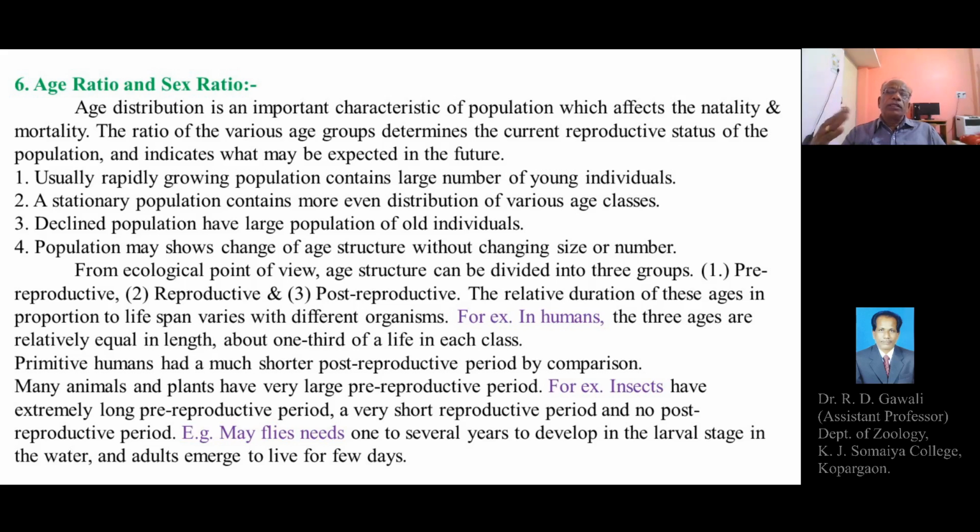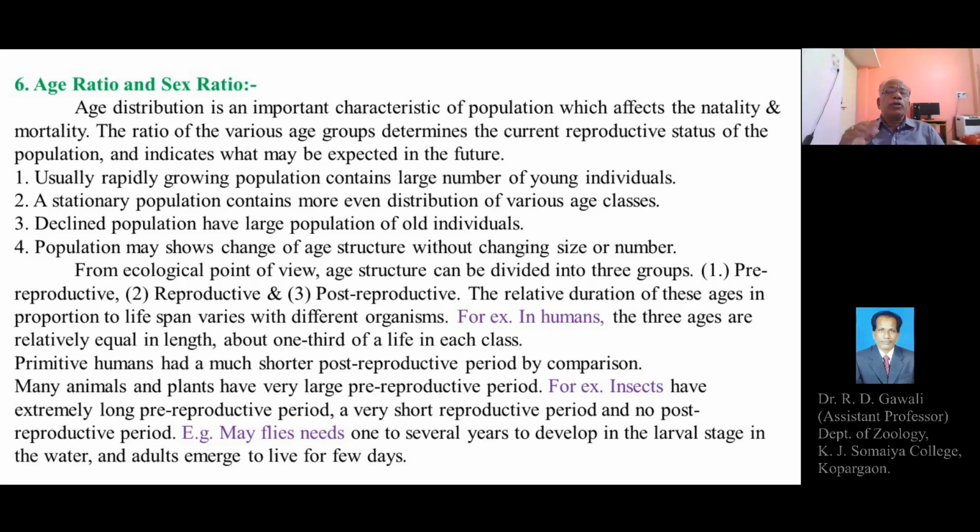This change in the number of individuals in each age group, the pre-reproductive, reproductive, and post-reproductive phase of the population, has great importance for the process of natality, or we can predict the rate of birth or the rate of death among the population.